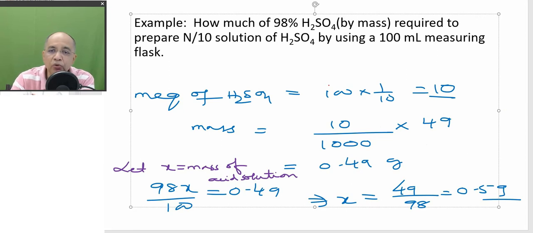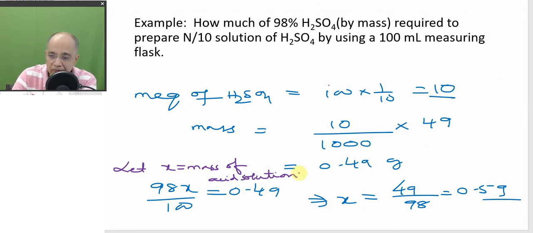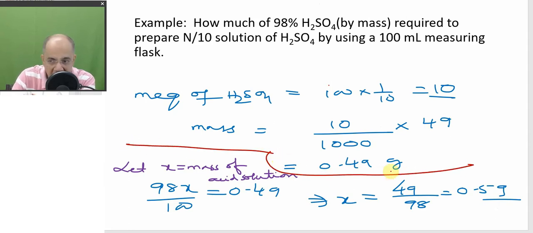So once we know the mass of sulfuric acid present, that is also present initially in the concentrated solution. So if it is a 98% sulfuric acid, and the mass of the solution that we have to take from the stock is X, then 98X by 100, 98% of X is the pure sulfuric acid, which is 0.49 we require.